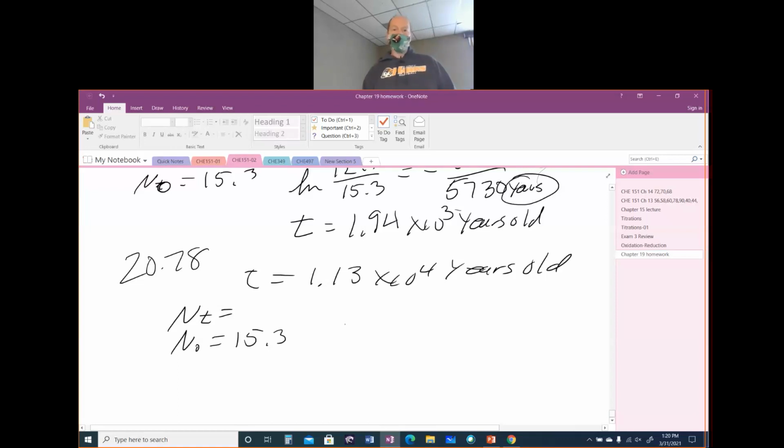You have the same equation, ln of N at time t over N initial is equal to negative kt, except now the unknown is the N at time t. This is still 15.3, the initial reading of a living animal, and k is 0.693 over the half-life.